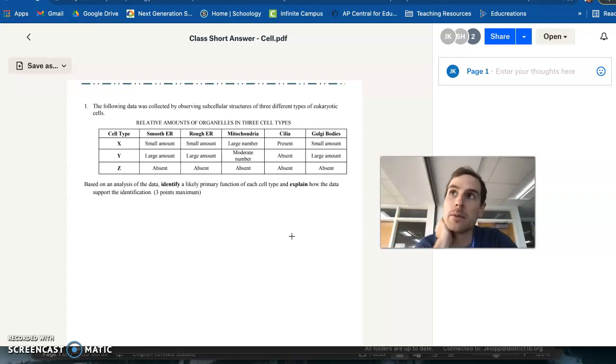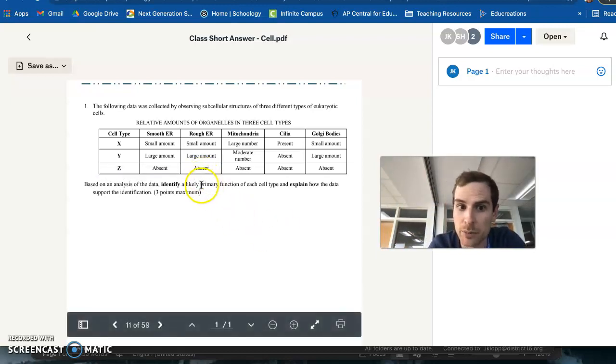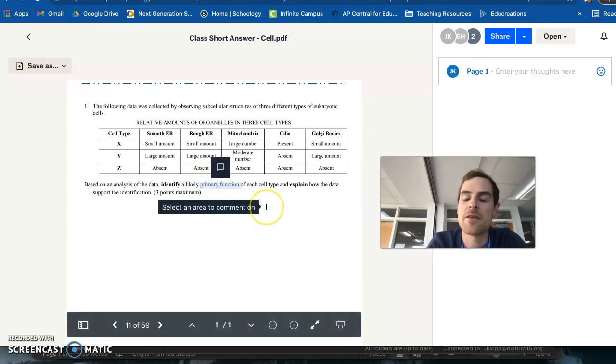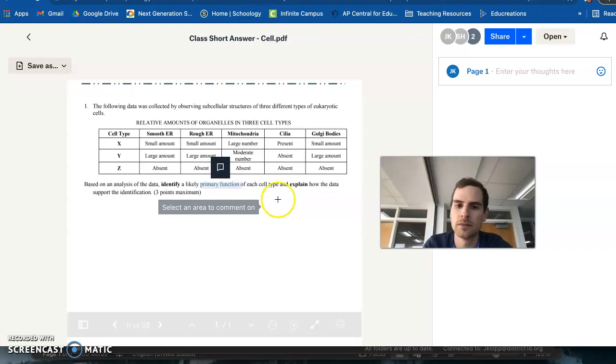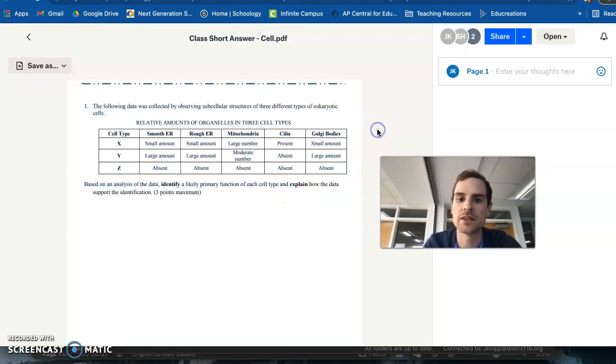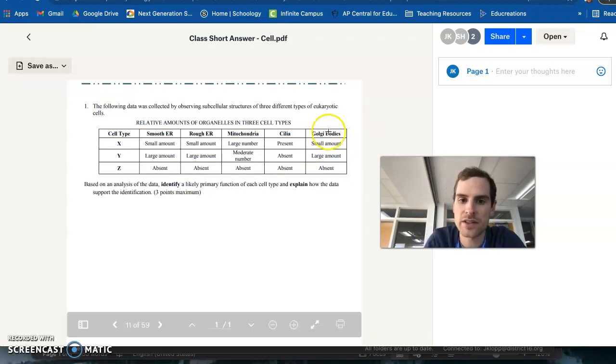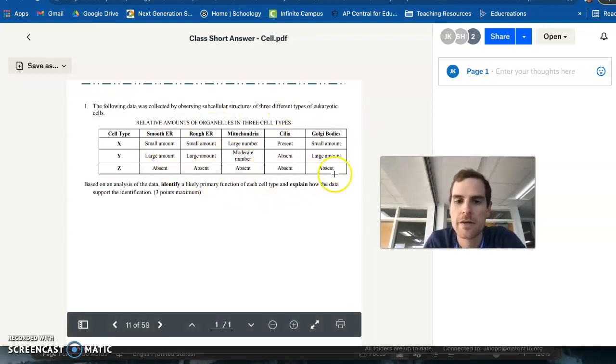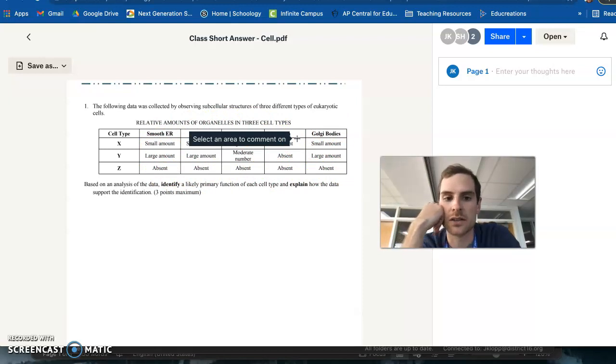Maybe you could make a table that has the cell type, X, Y, and Z. Another column on that table that says the function, because that's what you're identifying, the primary function of each cell type. And then a final, maybe a longer column, that explains how the data, how this table, fits with your prediction of what type of cell it is.